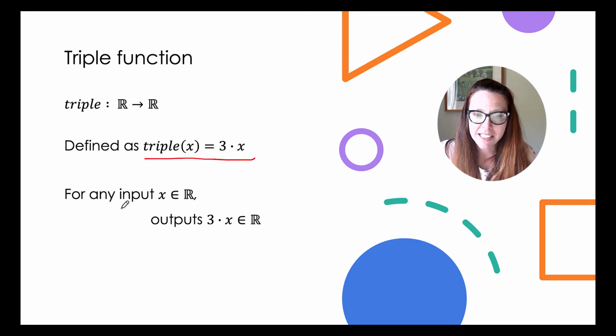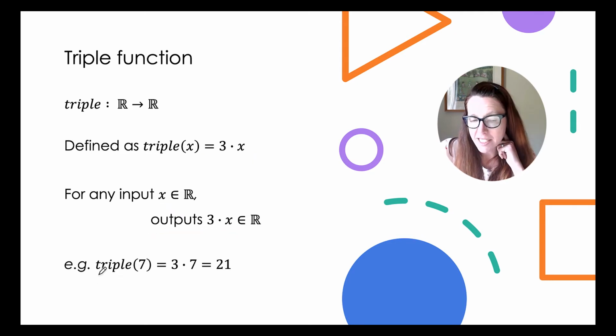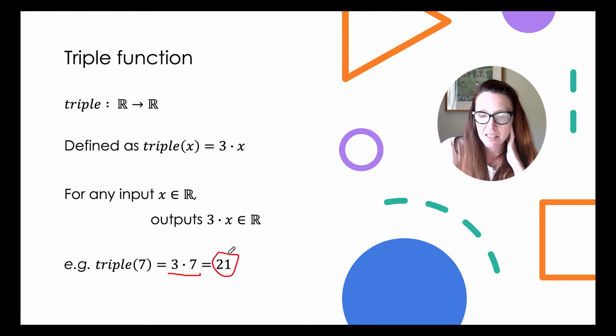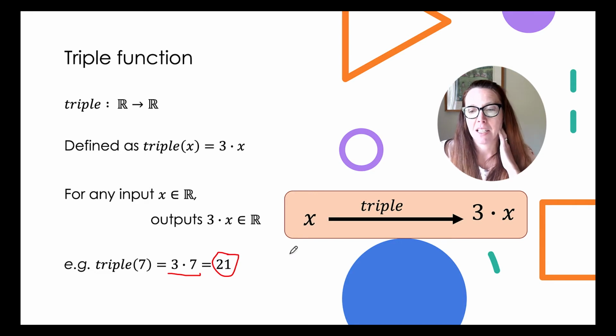We take as input some value x, and we output 3 times x. For example, triple of 7 returns 3 times 7, or 21. And this again is a mapping, taking x to triple of x, which we can also represent as 3 times x.